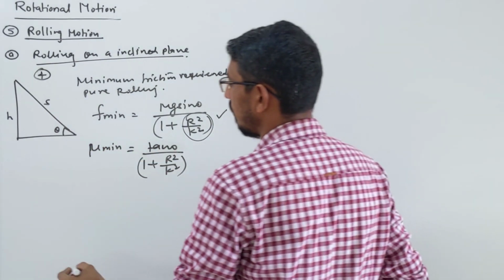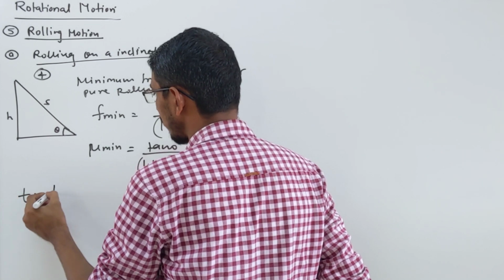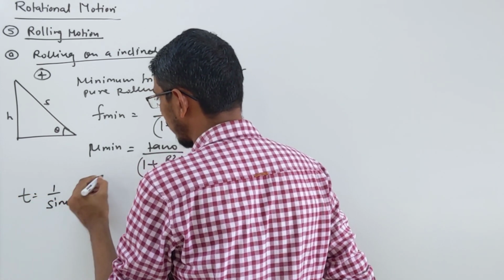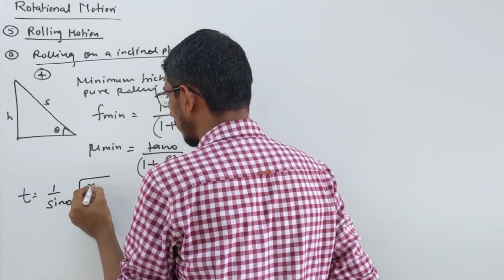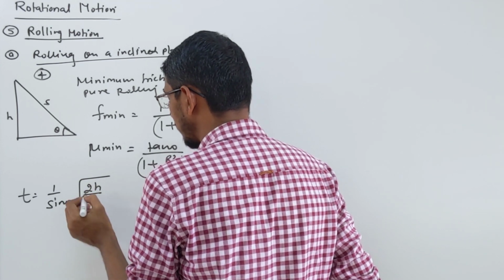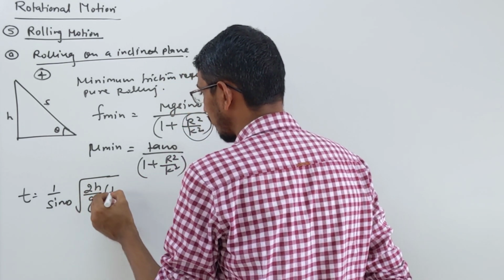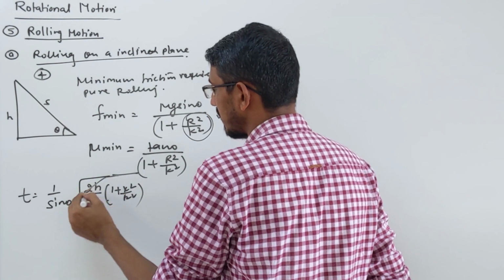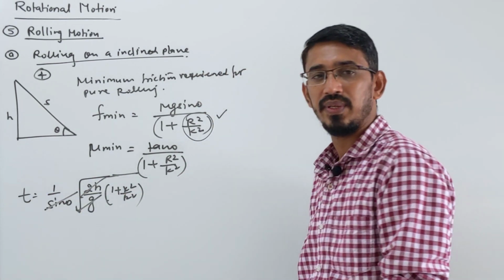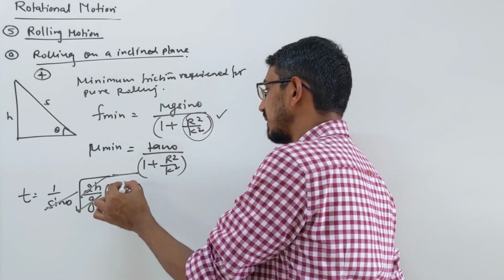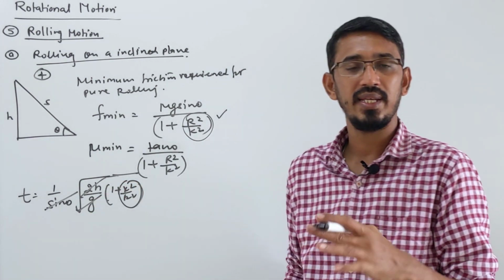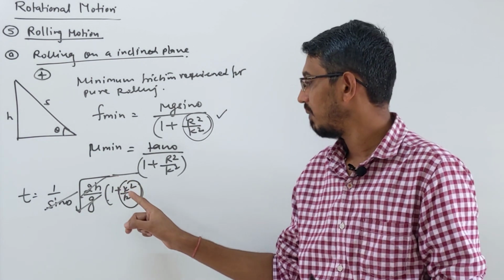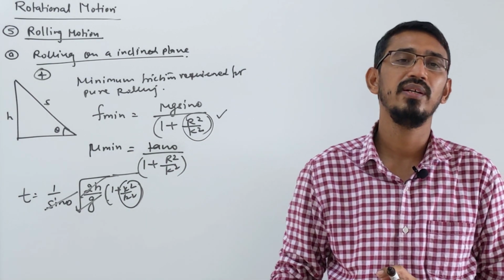If you see the time formula, it was 1 by sin theta, root of 2h by g, then this term k square by r square. Focus on this term, because everything else is the same for every object. What varies is this term: for a ring, disc, sphere, the k square by r square term will be different.